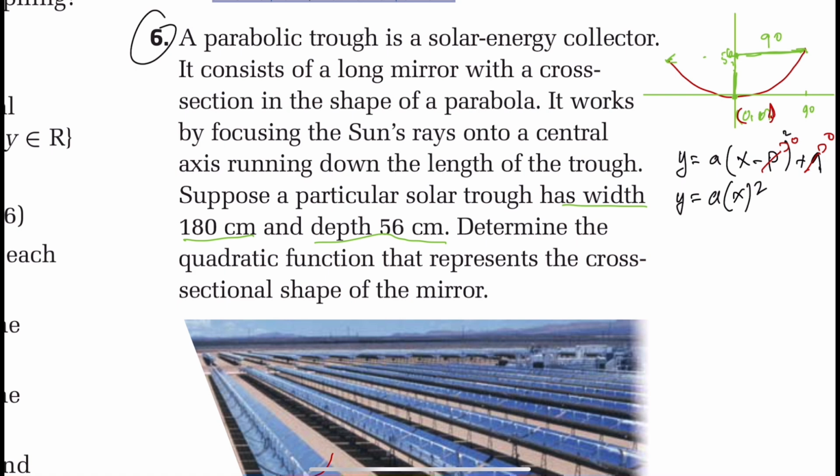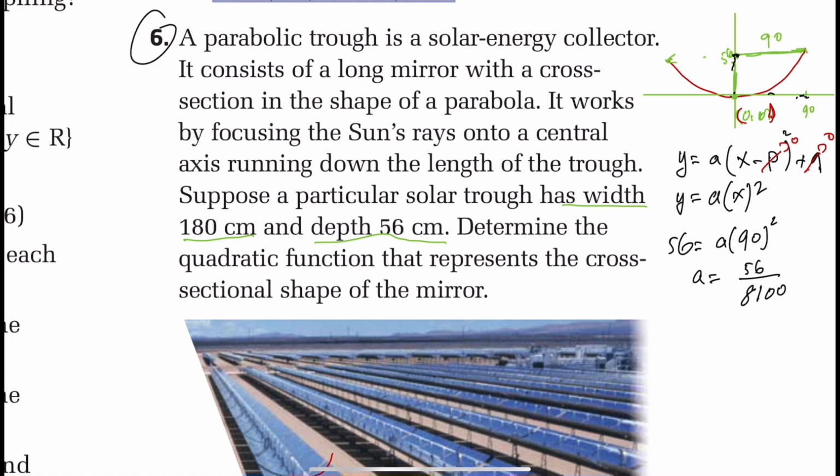I can use a point, for example this point. So 56 is equal to a times 90 squared, because my x is 90 from here to here and my y is 56. So my a is equal to 56 over 90 squared, let me put this in the calculator, 8,100.